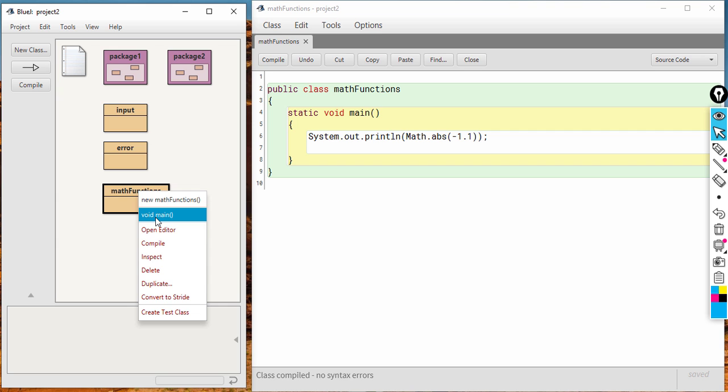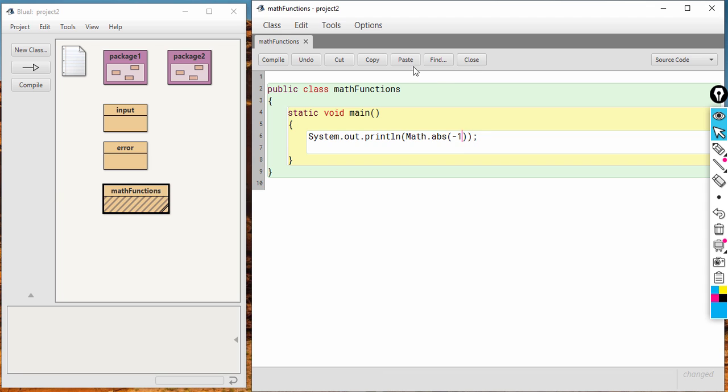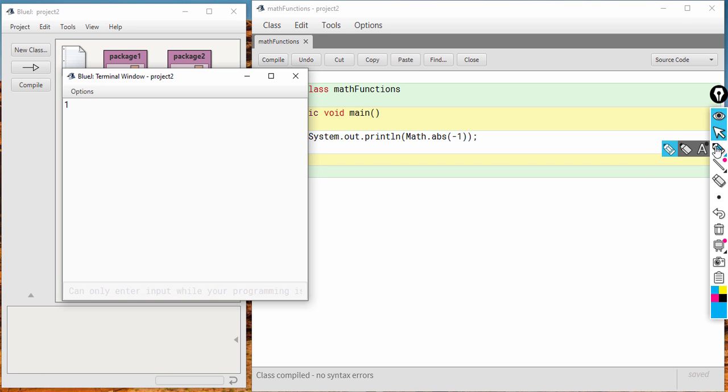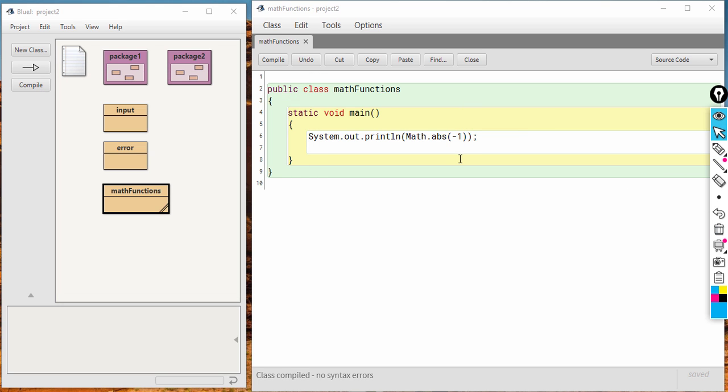So minus 1.1 will be 1.1. Similarly, if I just give minus 1, the answer will be 1. Notice the return value. The return value is same as the argument. If the argument here is an integer, the answer will also be an integer. If it's a decimal here, then the answer will also be in the decimal form. Okay. So the ABS function simply converts the negative number into a positive number.